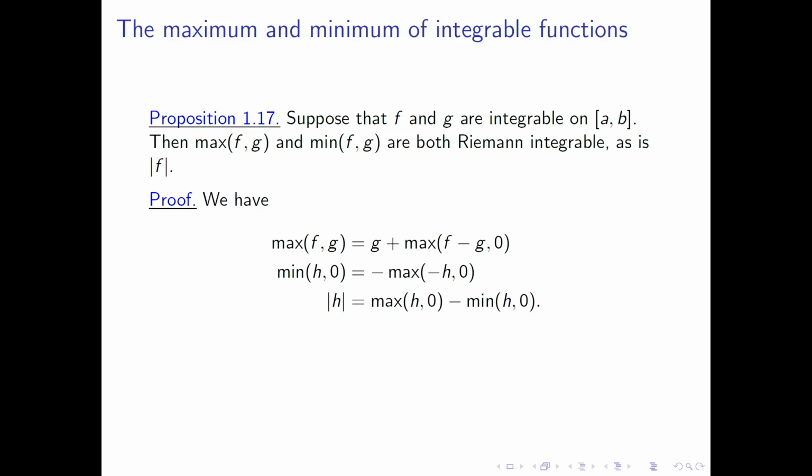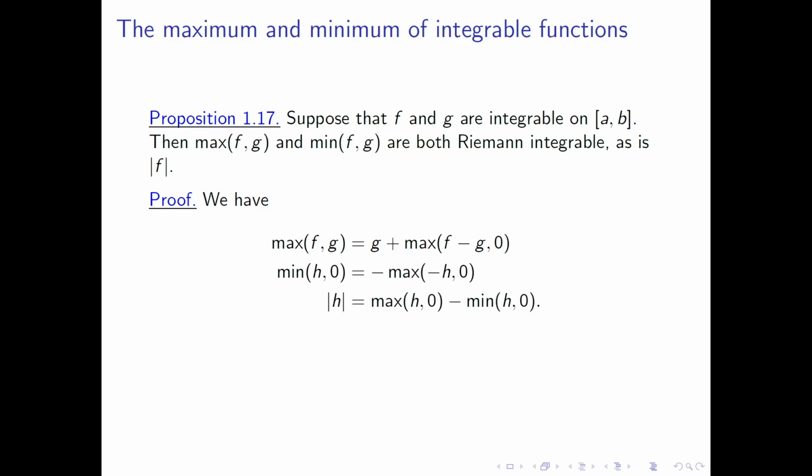And the third thing is that what we're interested in for the final part is looking at the absolute value of a function. Well, you can just say that the absolute value of a function h is equal to the maximum of h and 0 minus the minimum of h and 0. So if I can show that the maximum of h and 0 is integrable and the minimum of h and 0 is integrable, then I can show that the absolute value of h is integrable.